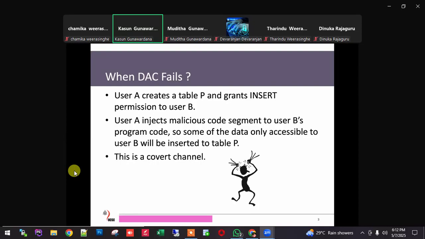So discretionary access control is based on such an ownership-based model.